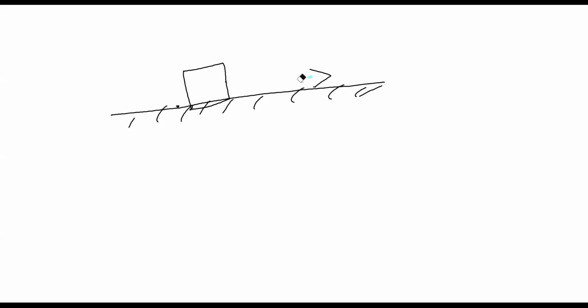Now, in the motion of rigid bodies, if there is no force applied on this body, will it move?